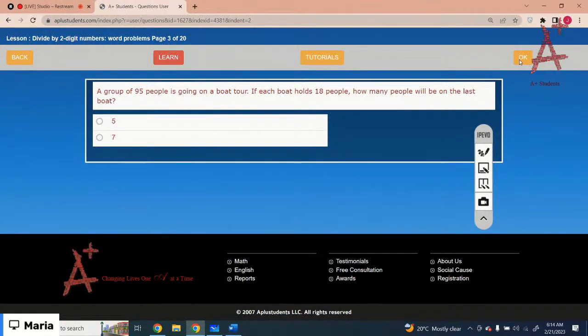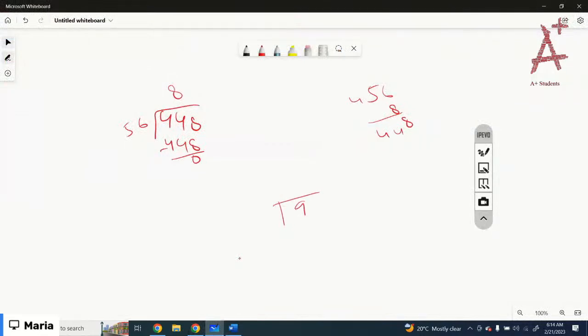Okay, a group of 95 people is going on a boat tour. If each boat holds 18 people, how many people will be on the last boat? Whenever you have to look for the last boat, that means you have to look for the remainder. Just divide 95 by 18. 18 times 2 is 36. 18 times 3 is 54. 18 times 5 is 90.